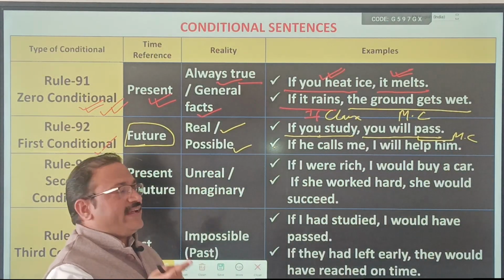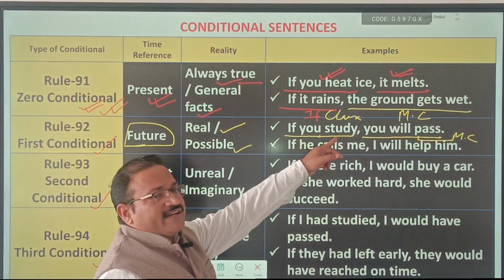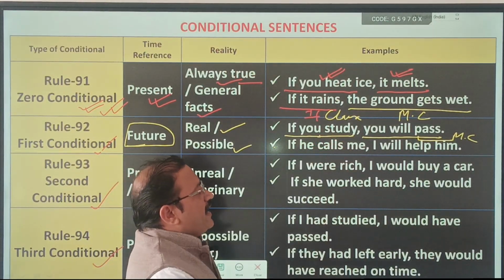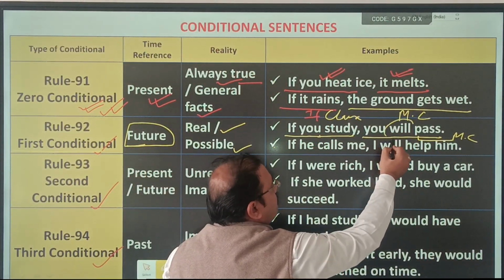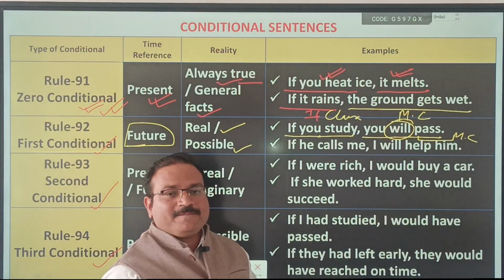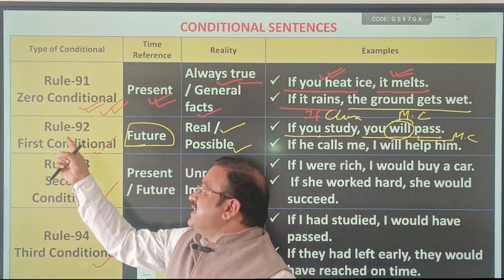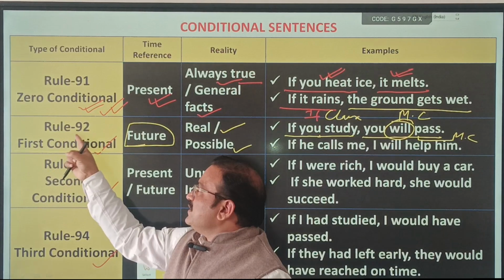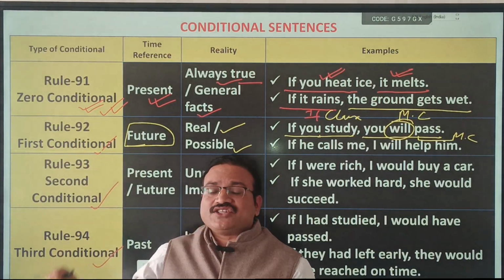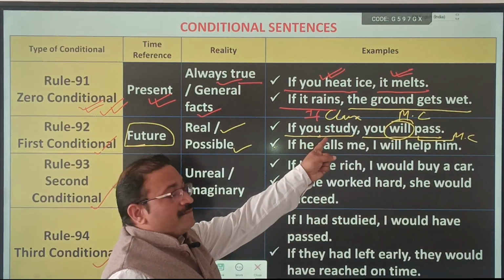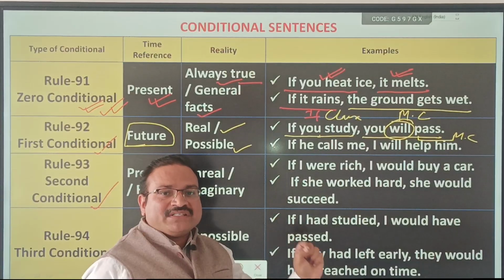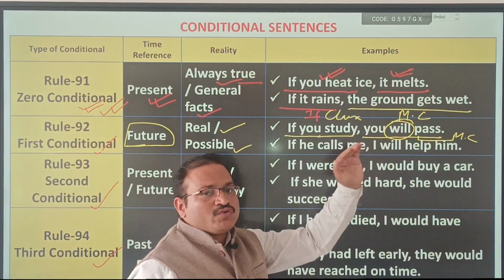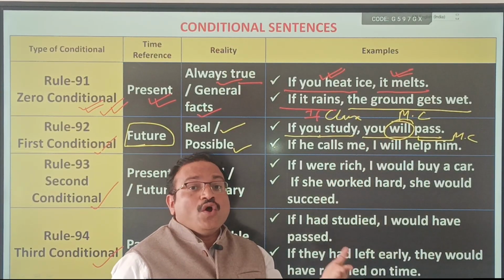So what would be the tense? If you study, present tense, and the main clause will be in future tense, will. So in first conditional sentence, if clause will be in present tense and main clause will be in future tense. Why?